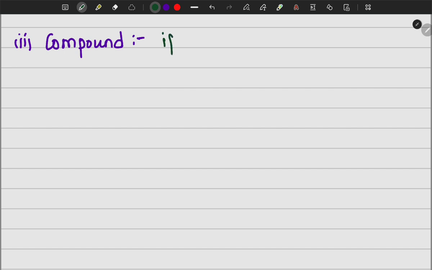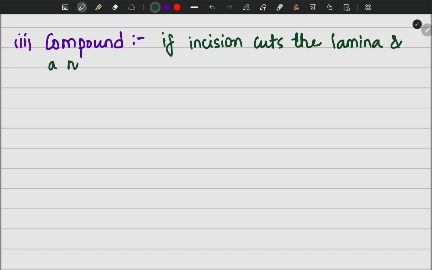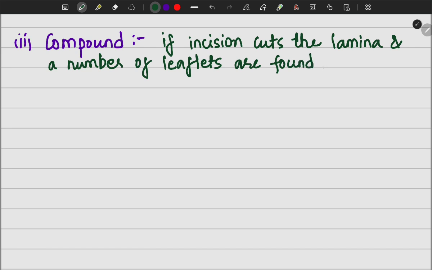Okay, so if the incision cuts the lamina and a number of leaflets are found, then that kind of leaf will be called a compound leaf.